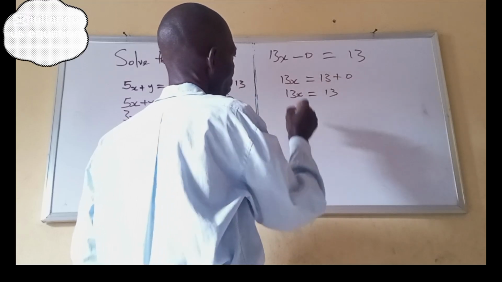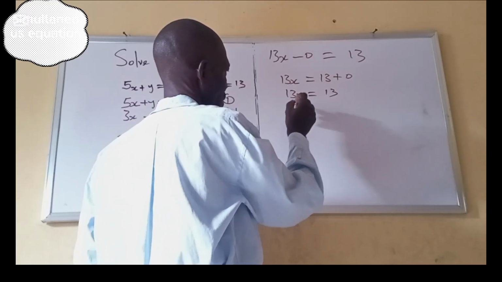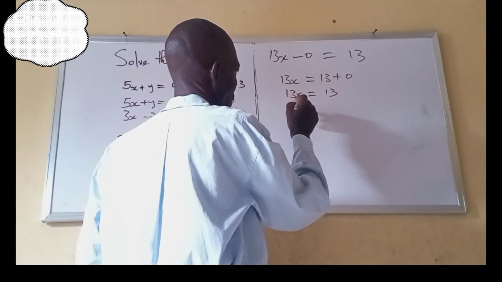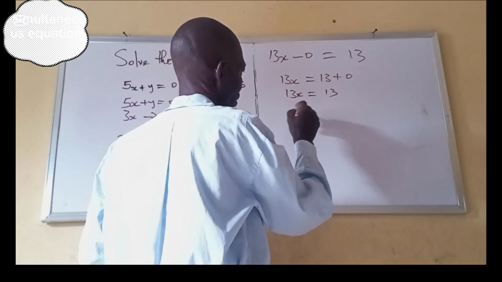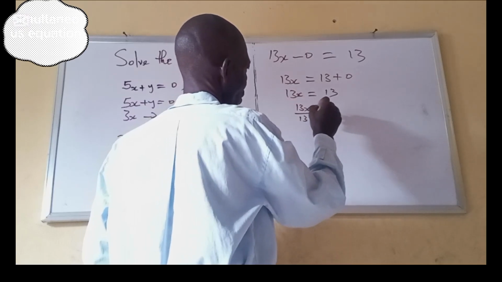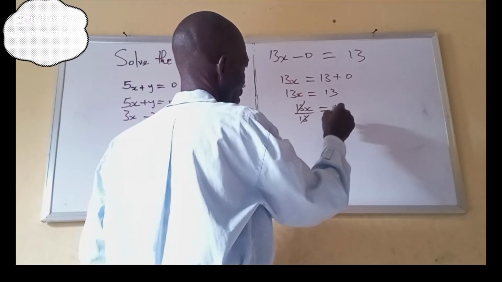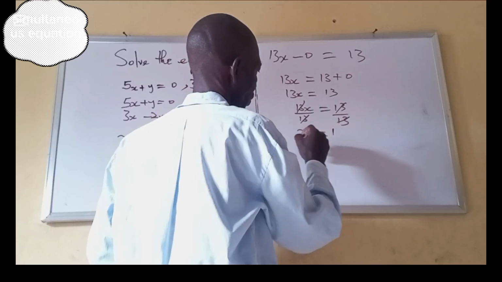So you divide both sides by 13. When you divide both sides by 13, you have 13x over 13 is equal to 13 over 13. So this cancels this, this cancels this. So you have x is equal to 1.